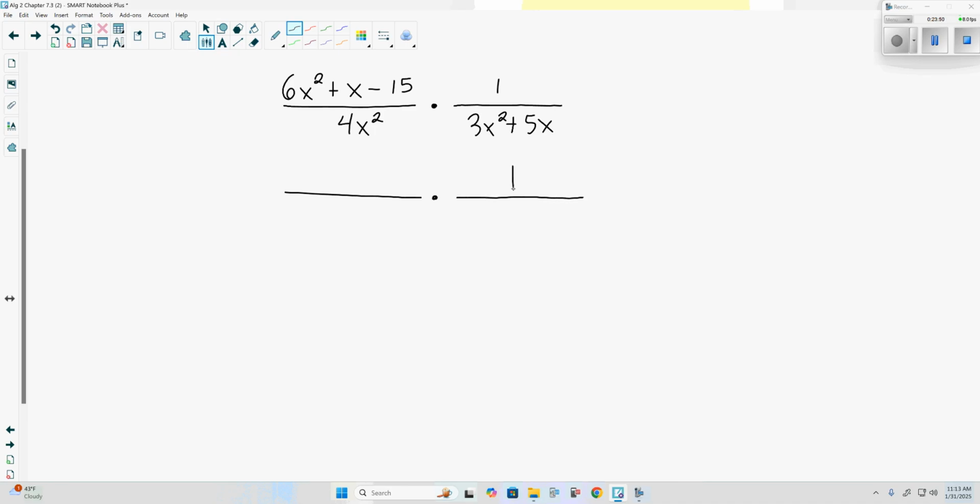Now the nice thing from here is that 1 is as simplified as it gets. 4x squared is also as simplified as it gets. Now we need to figure out, do we want to factor the 6x squared plus x minus 15 or the 3x squared plus 5x first? Either one of them have a greatest common factor?